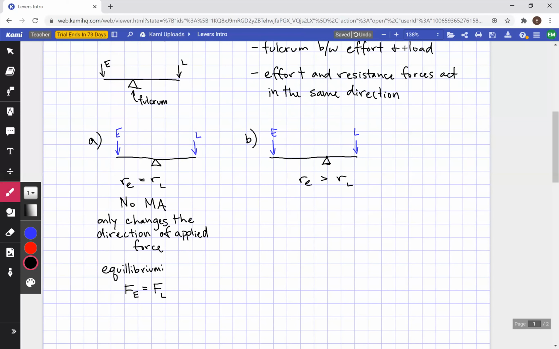And in this situation, this is where you actually get a mechanical advantage that benefits you. It's going to increase the magnitude of your force. So you would have a mechanical advantage that is greater than 1. And so this decreases the effort force that is required to move the load.